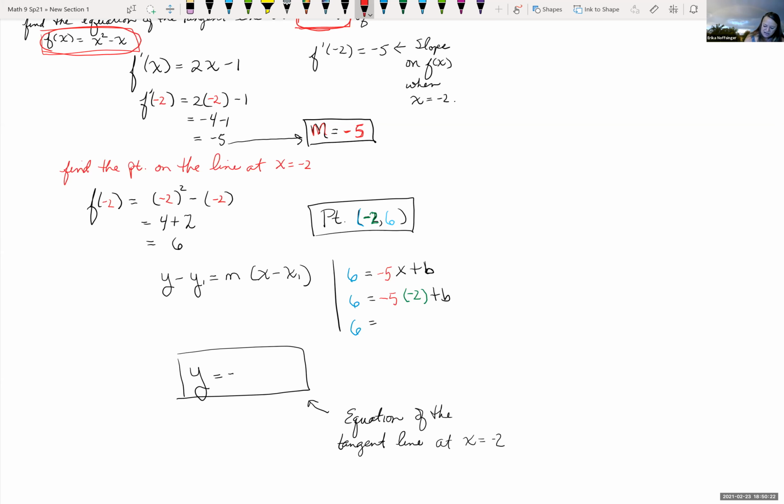So -5 times -2, we get 6 equals +10 plus b. If we subtract 10 on both sides, 6 minus 10 is -4. So really our equation of the tangent line is y equals our slope, -5, times x plus b, and our b value is -4.